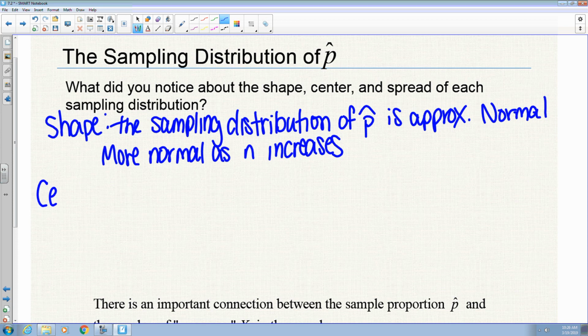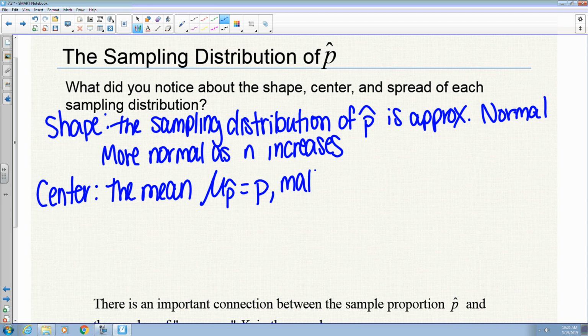Center. The mean we found on both of those examples with Reese's Pieces turned out to be the population proportion as well. So the mean mu of p hat is the population proportion p, which makes p hat an unbiased estimator.